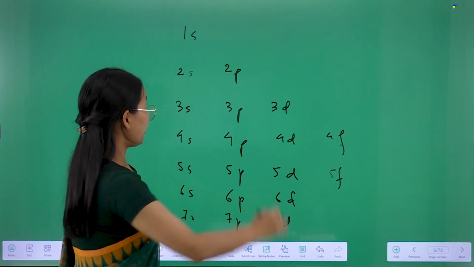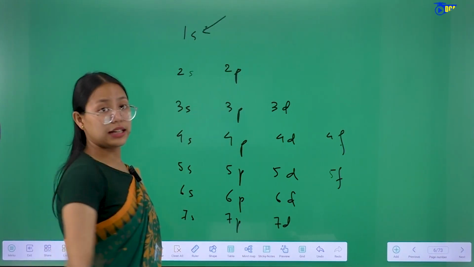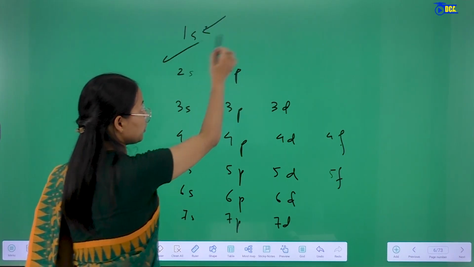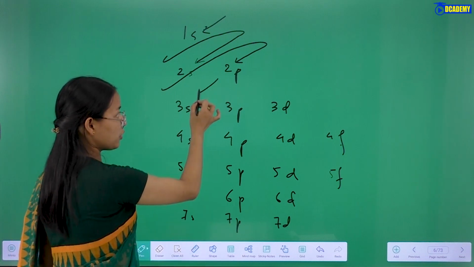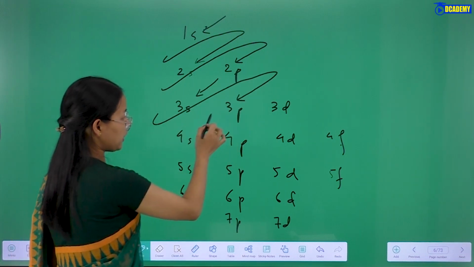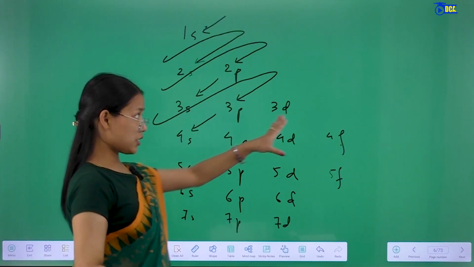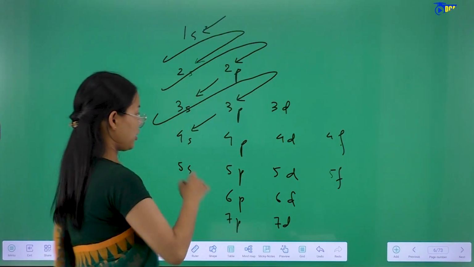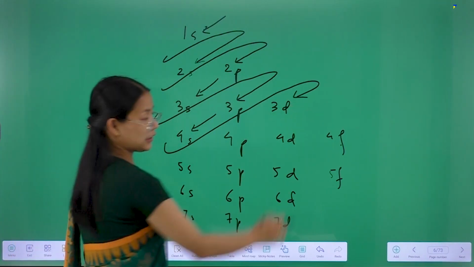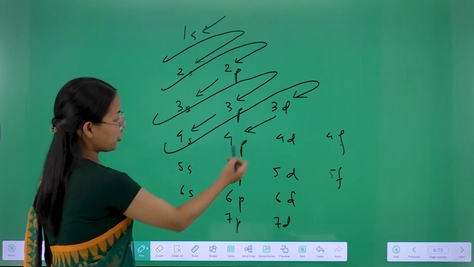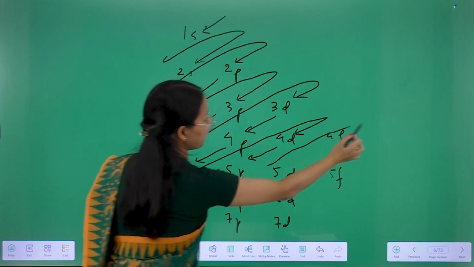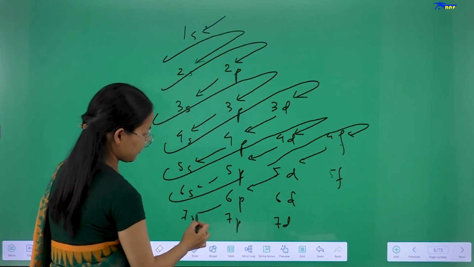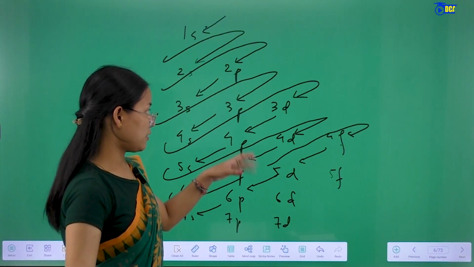Now here the electron fills 1s first, then 2s, next 2p, then 3s, 3p, then 4s, and then 3d. After 4s comes 3d, then 4p, then 5s, then 4d.